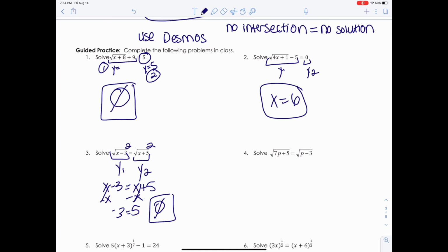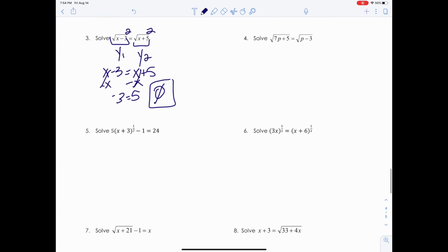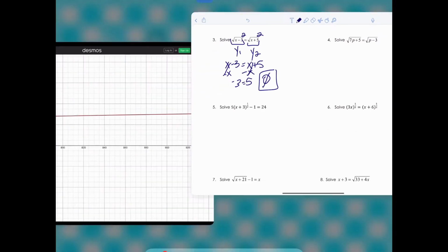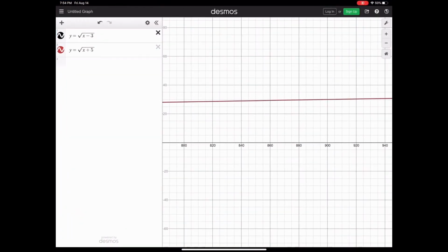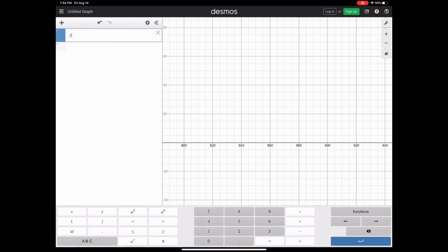All right, so moving on to number 4. So we have y equals the square root of, and anytime they use different variables, I still just like to stick with x. So there's one equation.